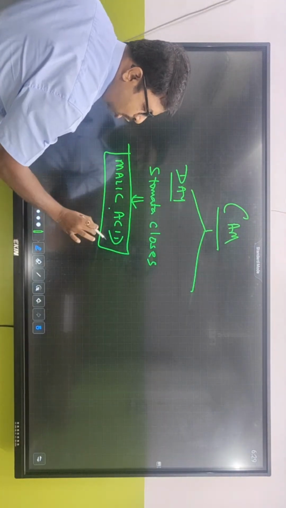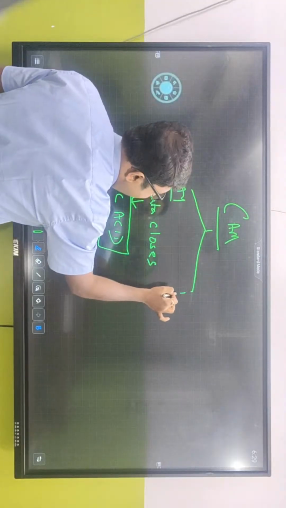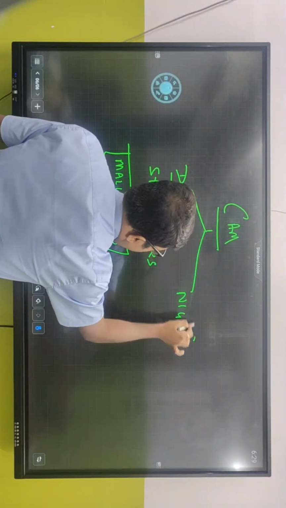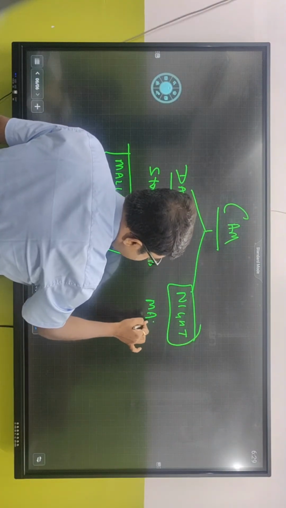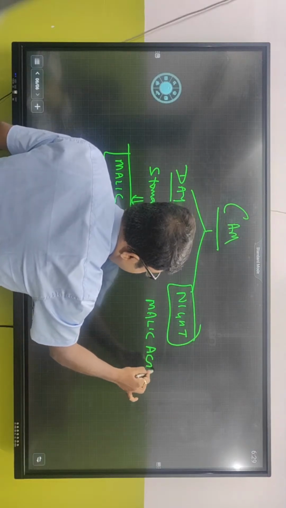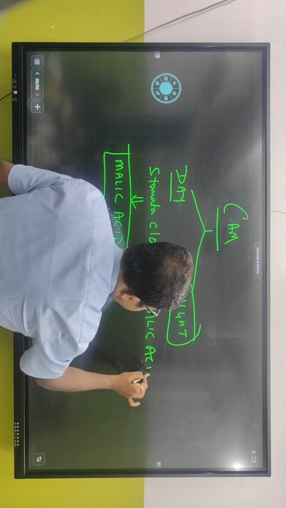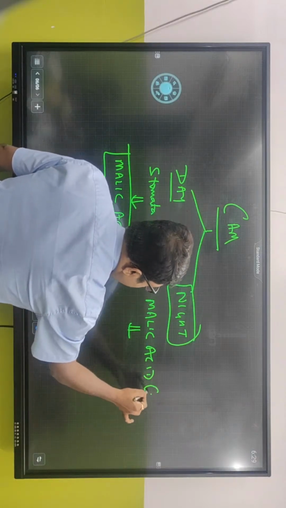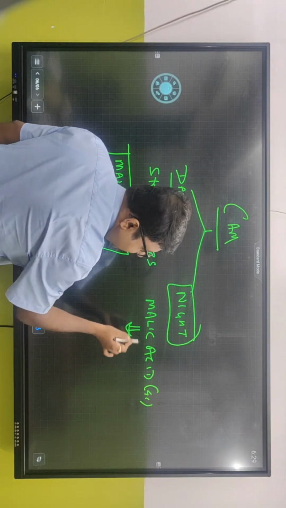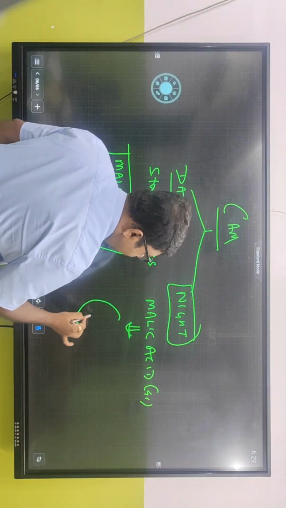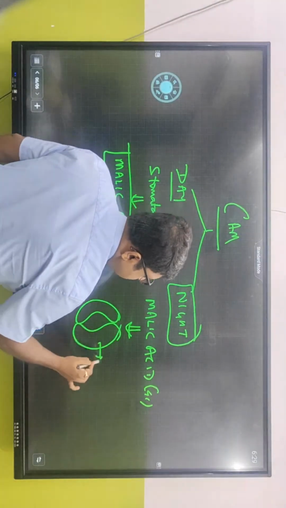Malic acid is not going to get broken down during the day, but during night the malic acid gets broken down. So the 4-carbon malic acid breaks down during night, and that's why the stomata open during night.